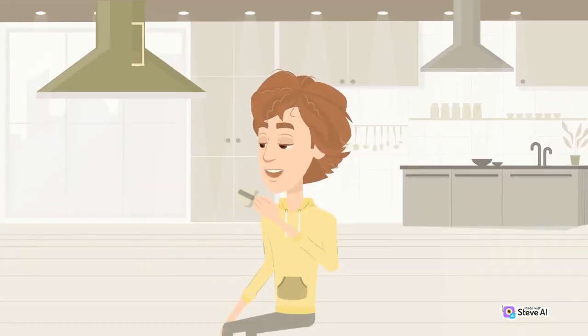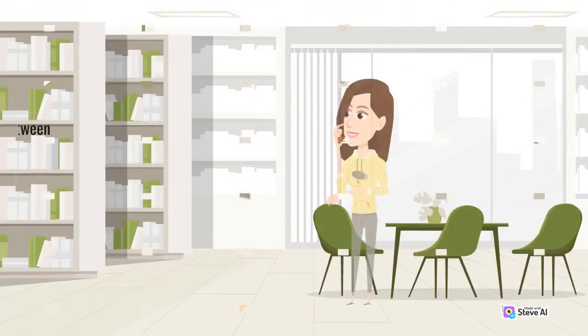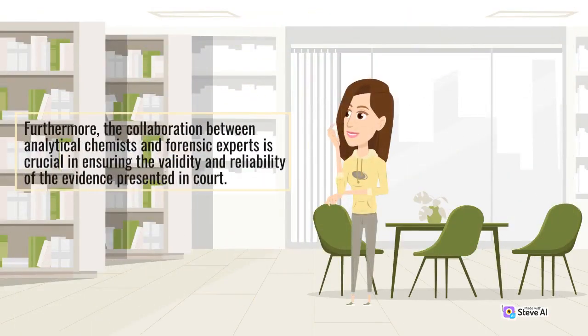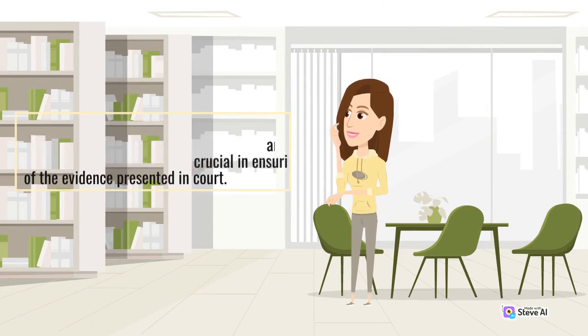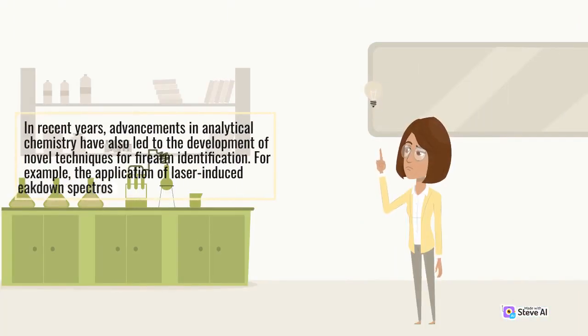Continued. Furthermore, the collaboration between analytical chemists and forensic experts is crucial in ensuring the validity and reliability of the evidence presented in court. In recent years, advancements in analytical chemistry have also led to the development of novel techniques for firearm identification.